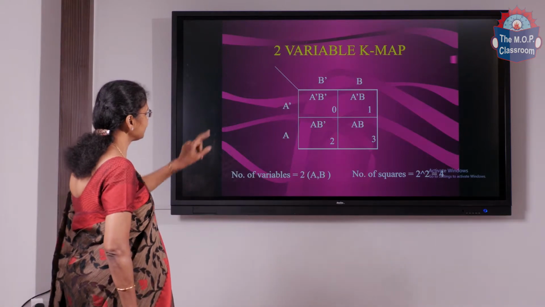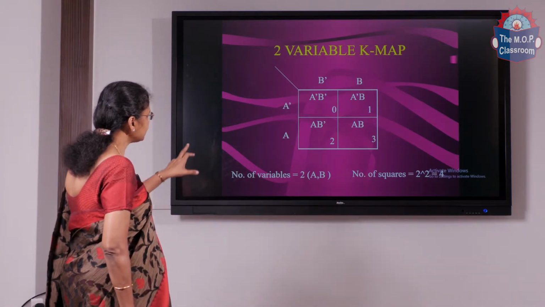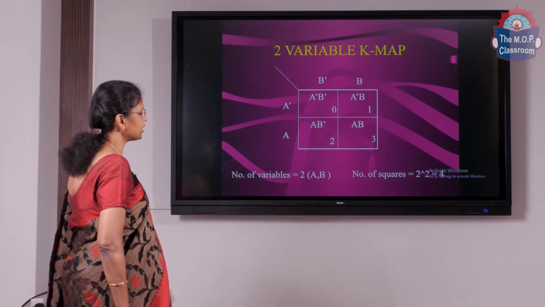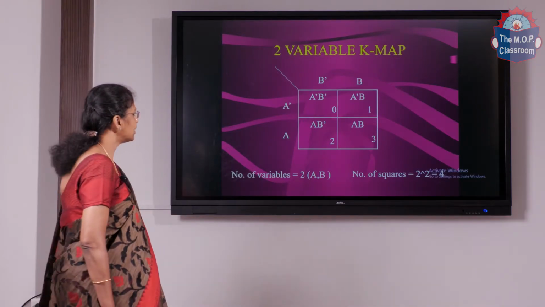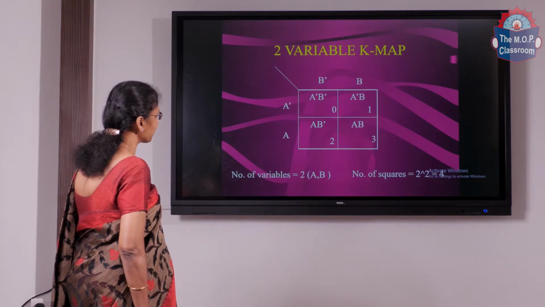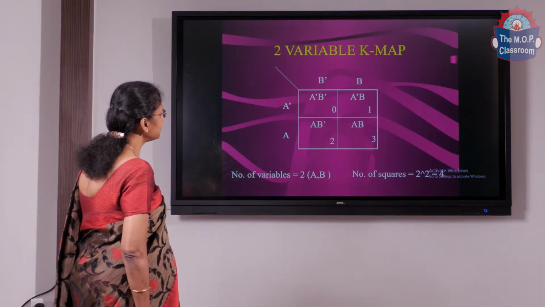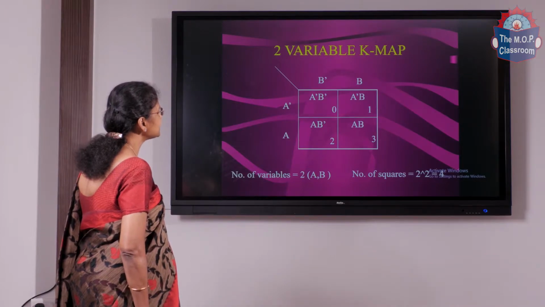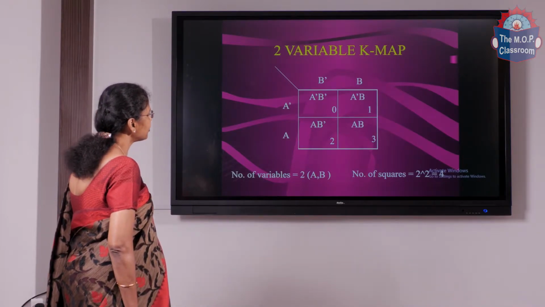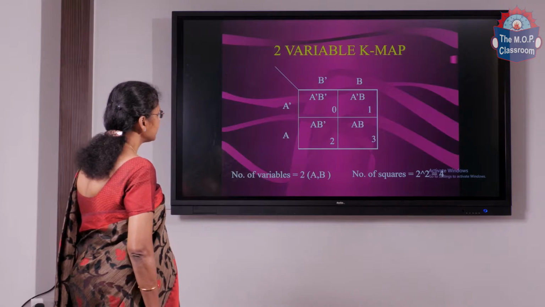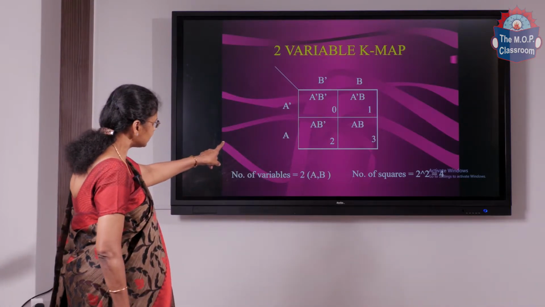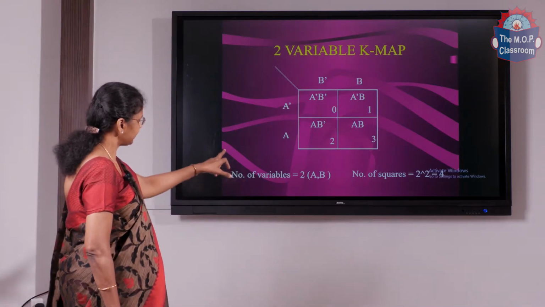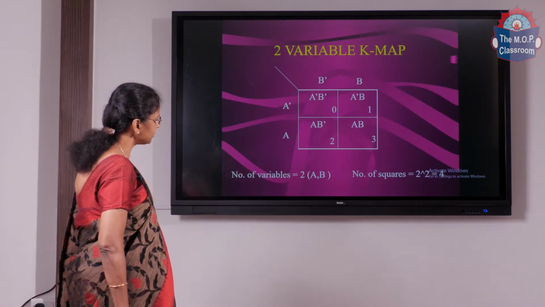If we take the first square, it is the junction of the first row and first column. So, the minterm corresponding to that first box in the table is A prime B prime. Similarly, the minterm corresponding to the second box, the box in the first row, second column, is A prime B. Similarly, for the second row, first column, the minterm is AB prime, and the second row, second column is AB.